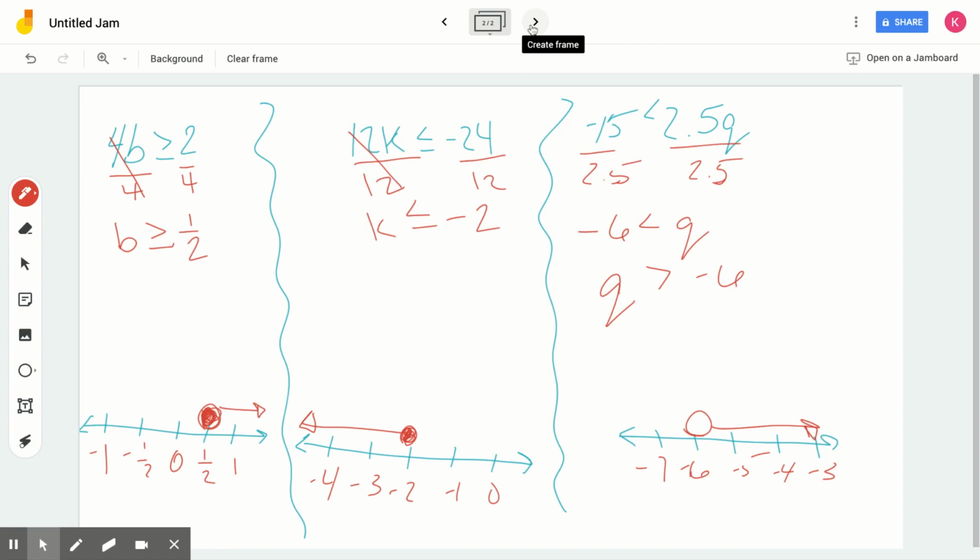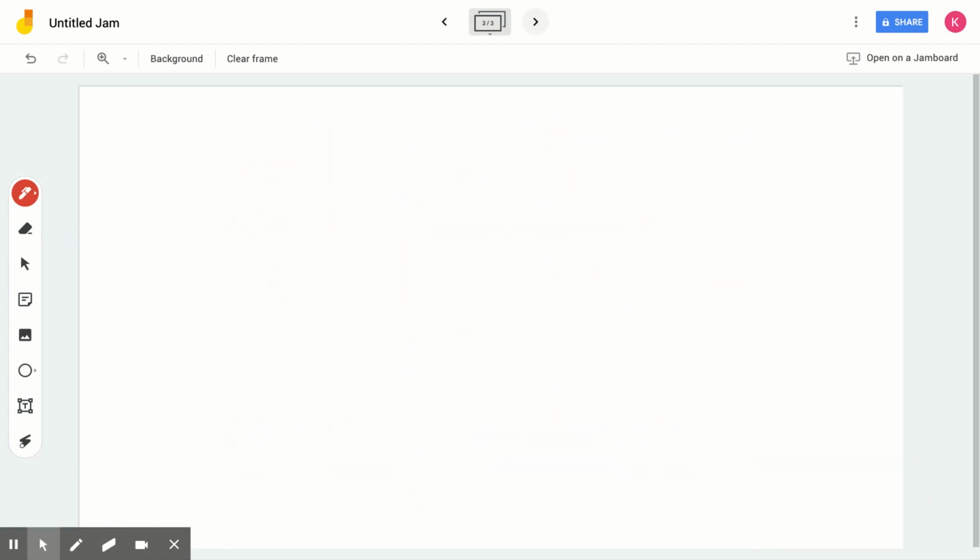Now, if you look at the next key idea box, it says when you multiply or divide each side of an inequality by the same negative number, the direction of the inequality symbol must be reversed for the inequality to remain true.